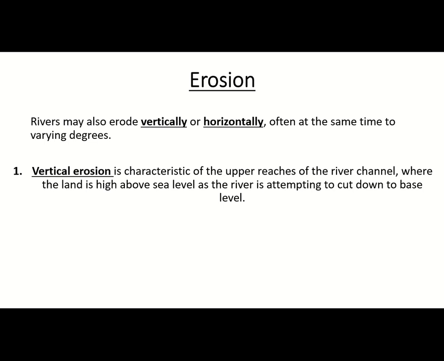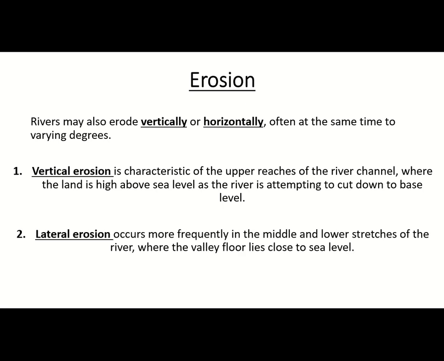So as rivers get closer to sea level, get closer to their mouth, they get closer to zero. So because they get closer to zero, they've got less gravitational potential energy. So now they've got less force pulling them down, and so the power to erode is now really driven by the amount of water in the river channel itself, and that is horizontal or left to right lateral erosion.